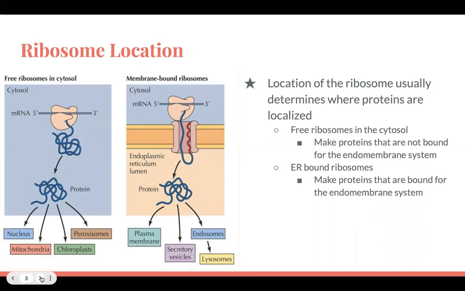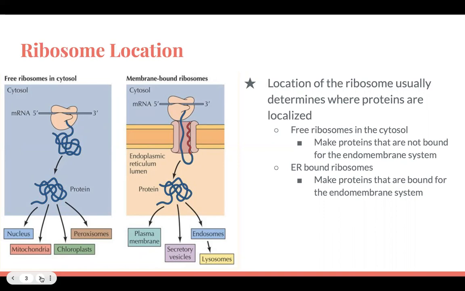On the other hand, membrane-bound ribosomes are located on the outside of the endoplasmic reticulum. These proteins are going to be translated into the endoplasmic reticulum, which will then enter them into the endomembrane system.